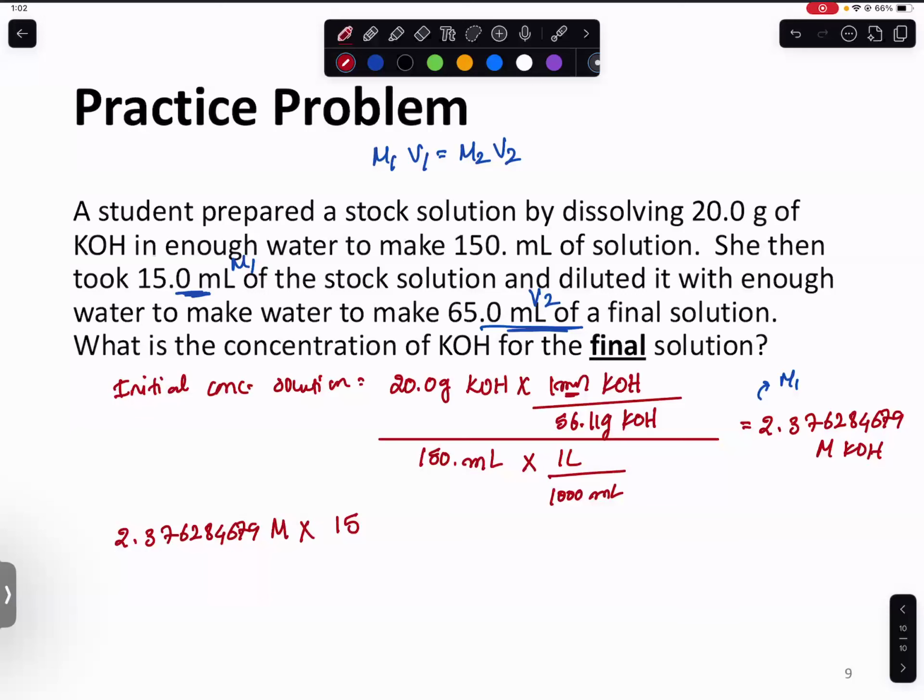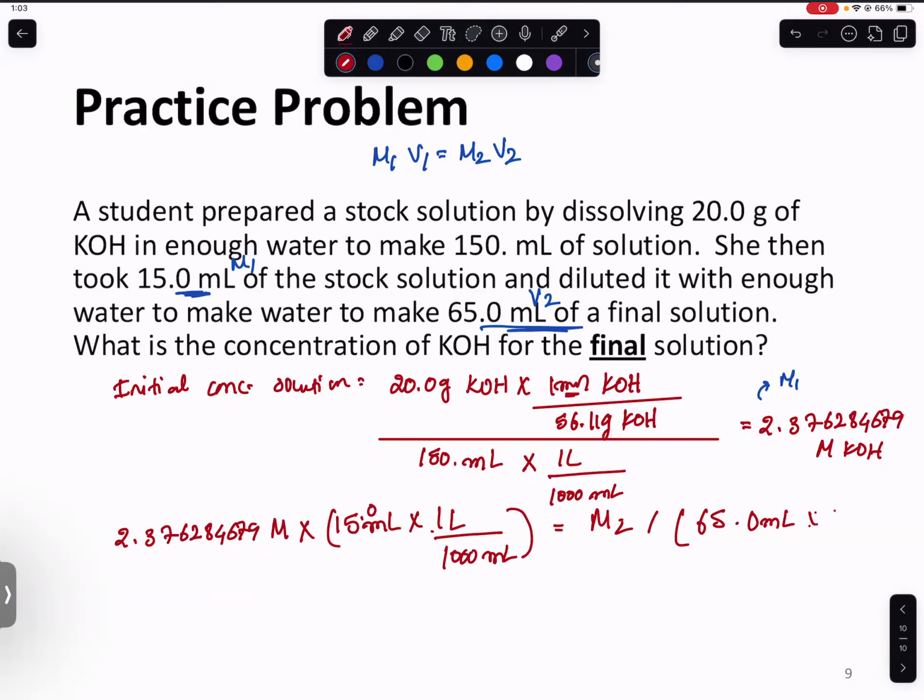So the volume should be in liters, okay, equals M2, which I need to find, my variable, times the final volume, which is 65.0. Oh, this is 15.0, 65.0 milliliters.